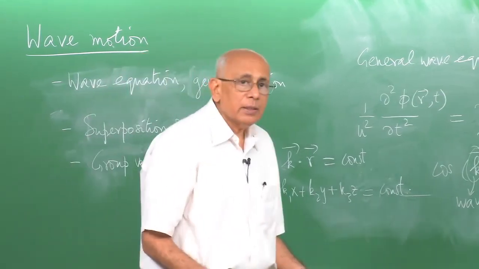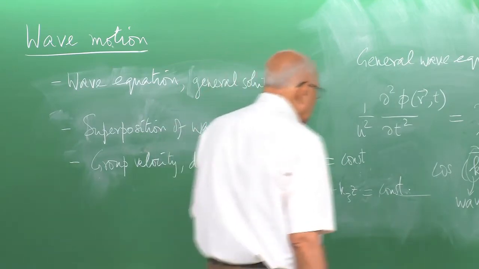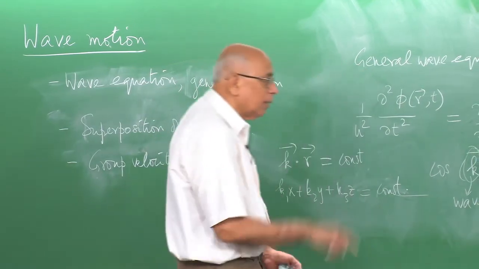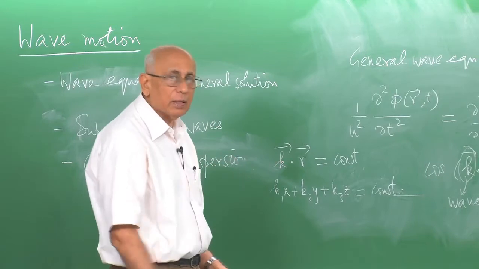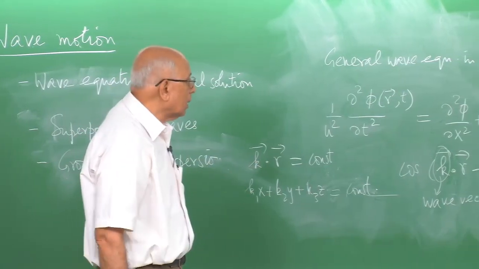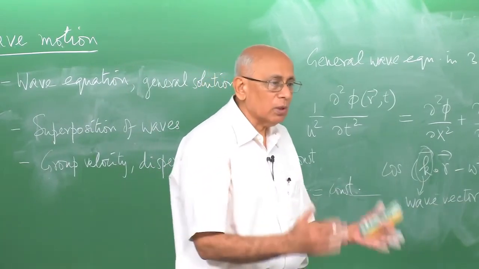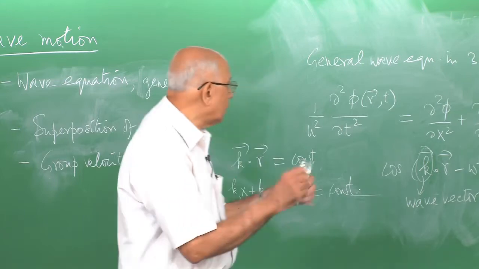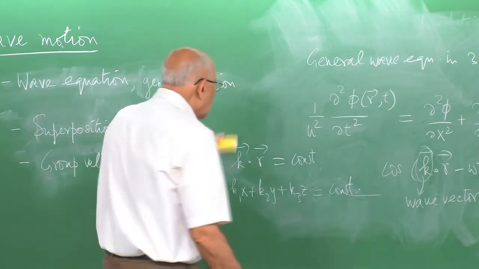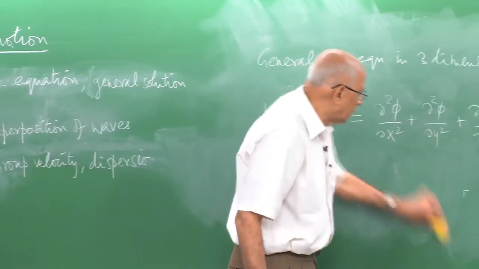One more generalization, what about light? What about light propagating in a vacuum? We know that light consists of electromagnetic waves, which means it is the electric and magnetic fields that oscillate, and there is no medium here. The speed of light is the same no matter which direction you are in. In fact, it is independent of the state of motion of the source or the observer according to special relativity. So, what kind of equation is satisfied by the electric and magnetic fields in that case?